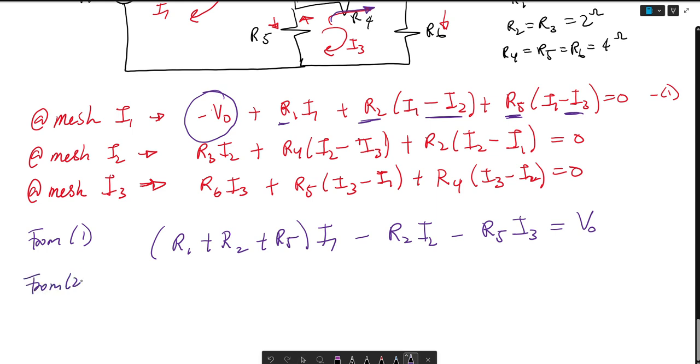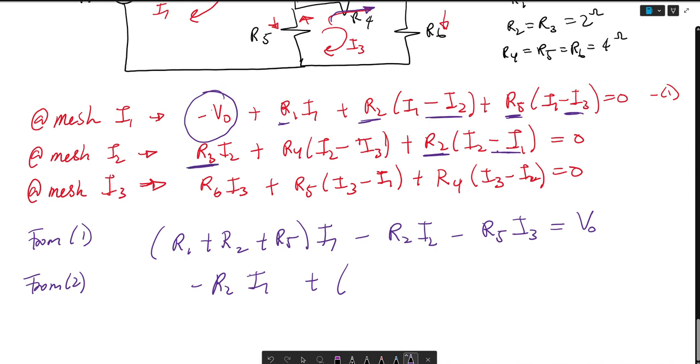And then from equation 2, we get a minus R2 times I1. Again, that's coming from here, minus. Plus, and R2 gets all the positive values.